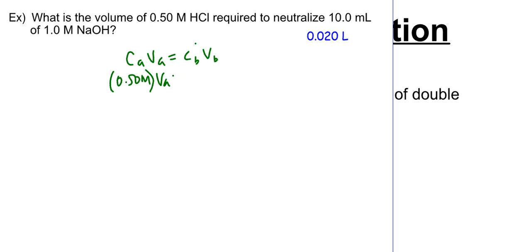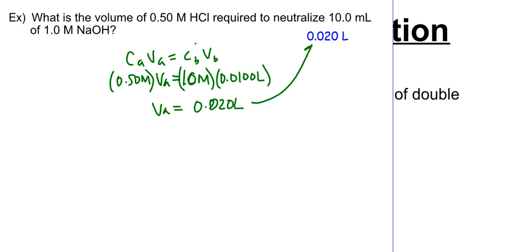My VA is what I'm trying to find. My CB is 1.0 molar. And my VB is 10 milliliters, but I change that to liters. So when I rearrange my equation, my VA ends up being 0.020 liters, which is the answer that I got up there.